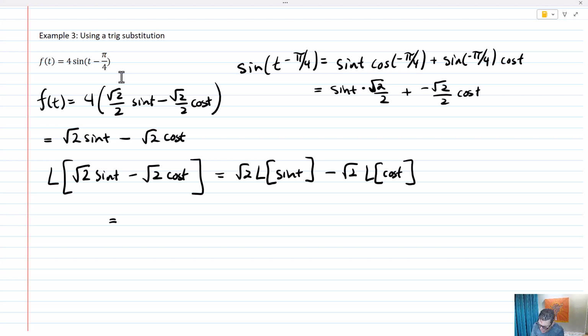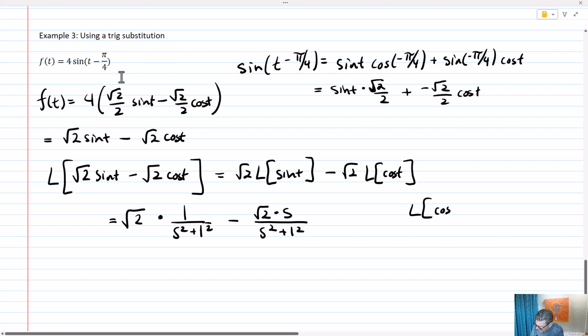So now this is going to equal the square root of 2 times 1 over s squared plus 1 squared, minus the square root of 2 times s over s squared plus 1 squared. And that's because the Laplace transform of cosine bt is equal to s over s squared plus b squared.